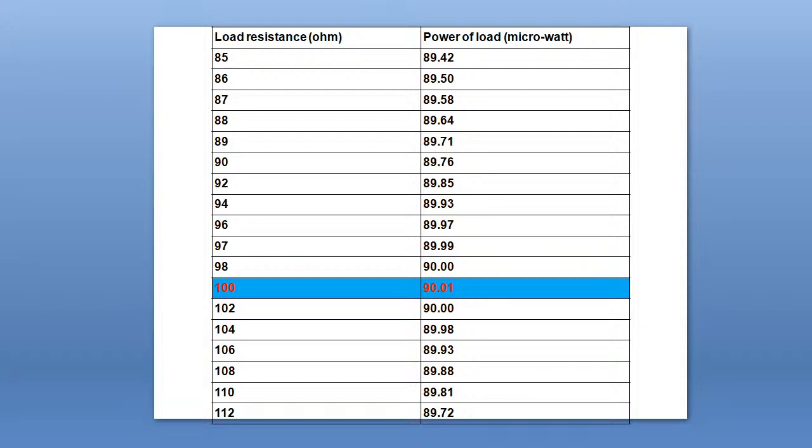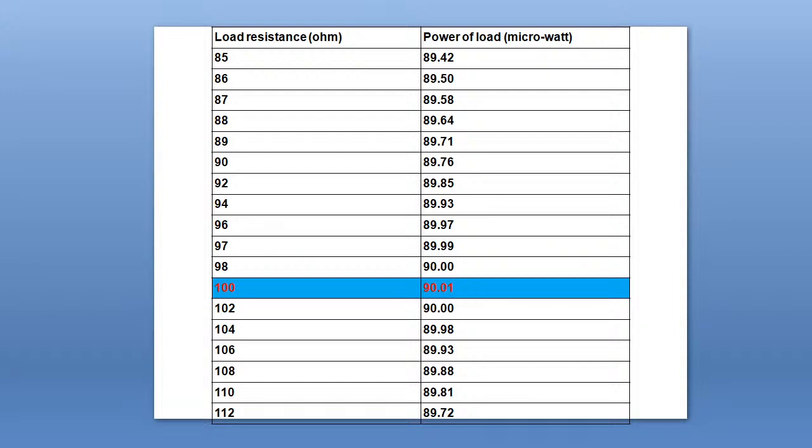From 90 to 120 you will get total 30 readings. So you can start from 95.